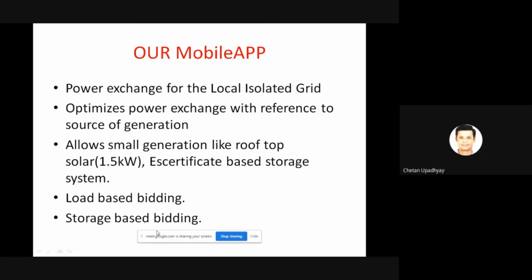There will be separate charges for storage-based bidding, because it gives both benefits. They give you storage during non-peak hours, which gives a market for the generation houses, and the storage also helps power system stability and power quality. So storage-based bidding gives an extra, different portfolio of economics.